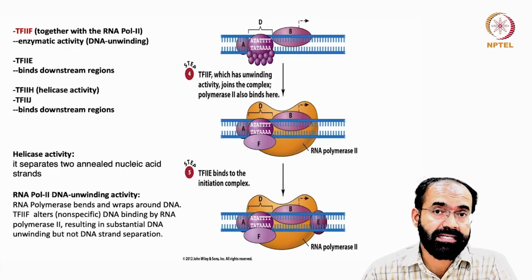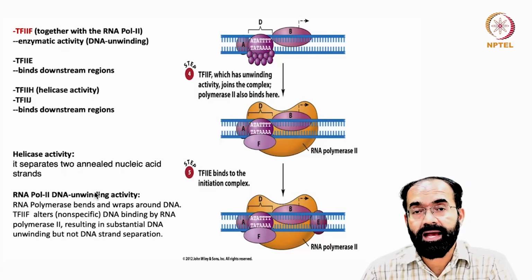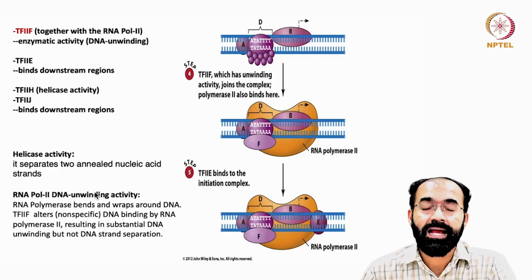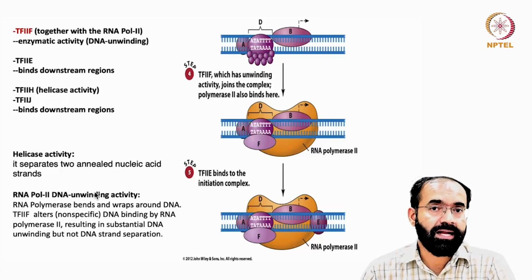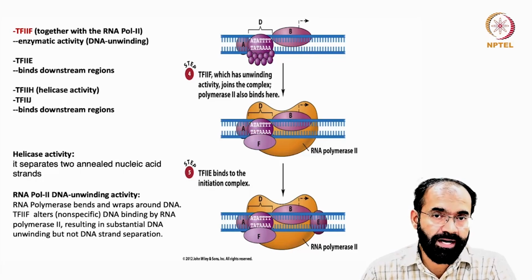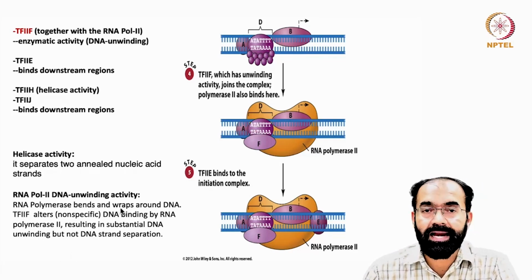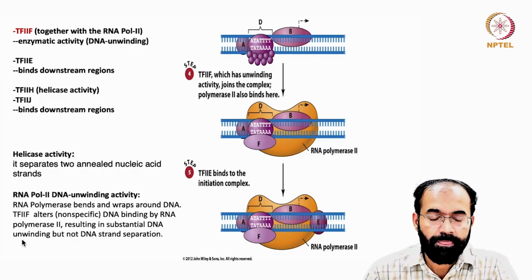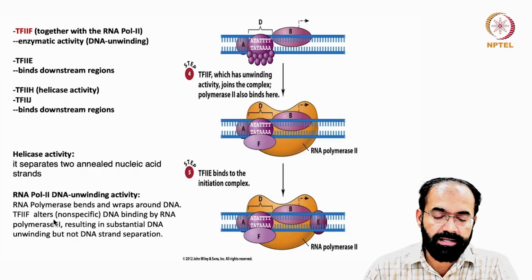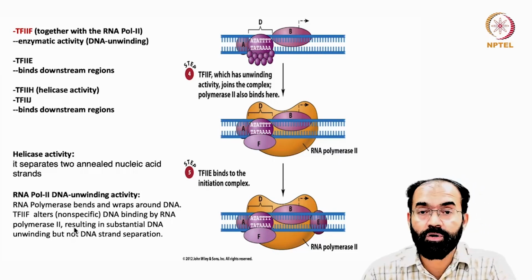An RNA copy from a DNA template. So RNA polymerase 2 has to have the unwinding activity, and then upstream of that it has to continue with the rewinding of the opened up DNA double helix. So RNA polymerase bends and wraps the DNA, and TF2F alters the non-specific DNA binding by RNA polymerase 2.